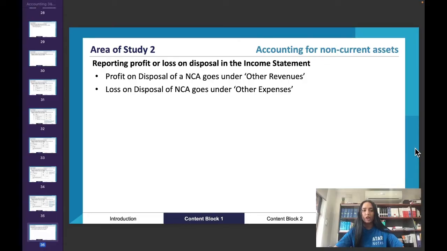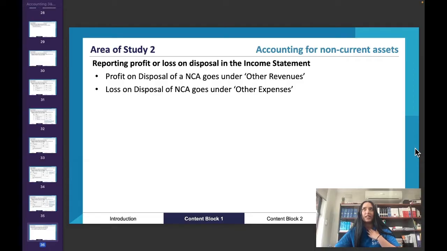And because profit on disposal of a non-current asset is a revenue that is not related to inventory, it goes under other revenues. The same can be said of any other revenues that are listed under other revenues. So we could have discount revenue, which is a revenue, but it isn't directly related to inventory.